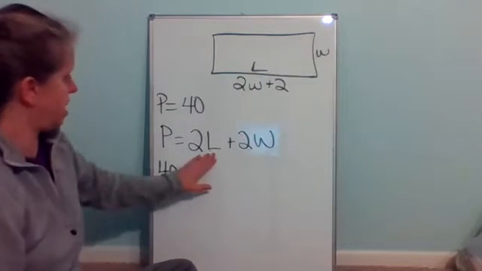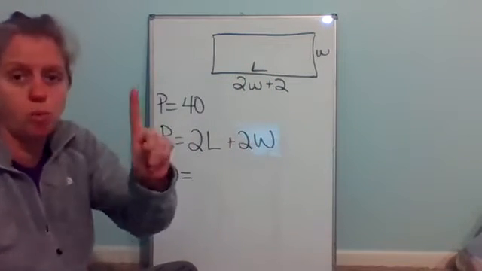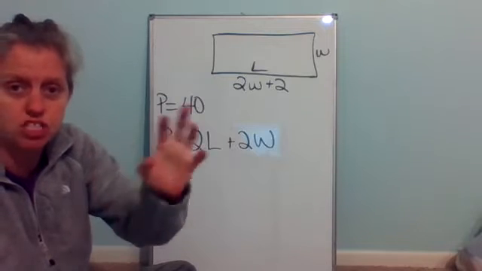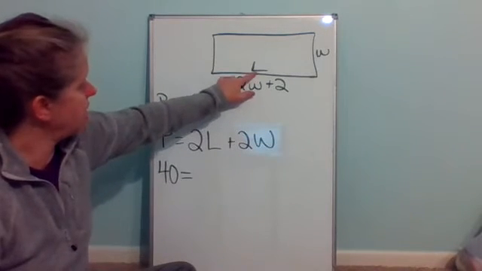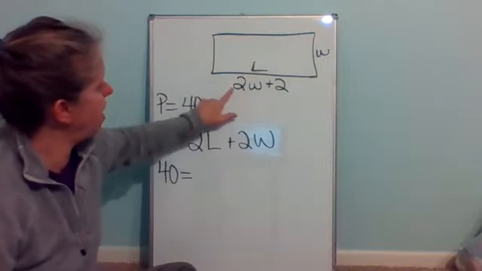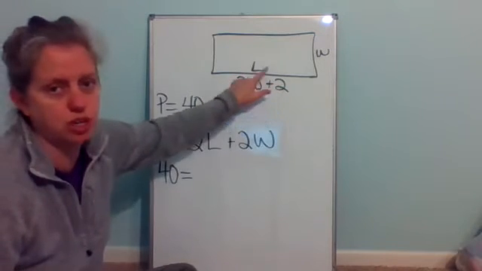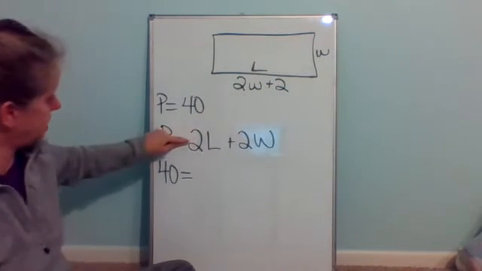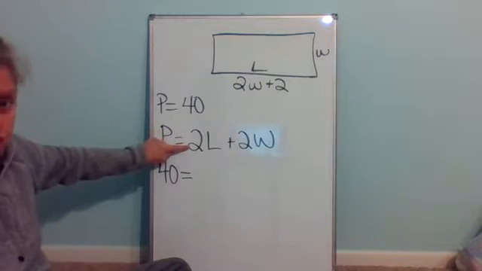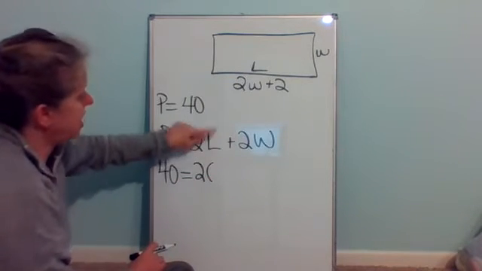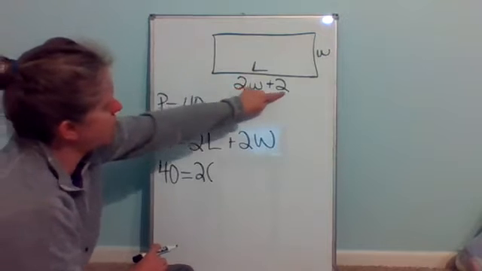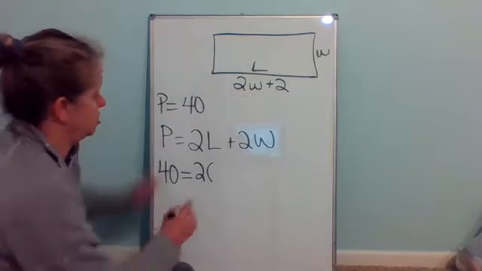So just so that my equation is going to have all one letter in it instead of 2 separate letters, instead of L, I'm going to write my L as 2w plus 2. So here's part of the formula, this 2, times, instead of L, I'm going to write 2w plus 2.